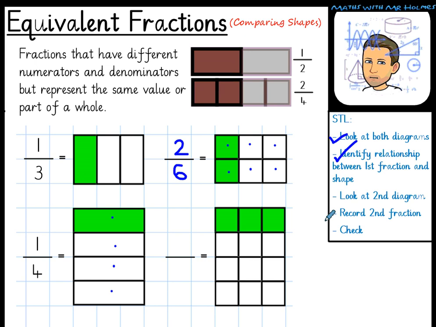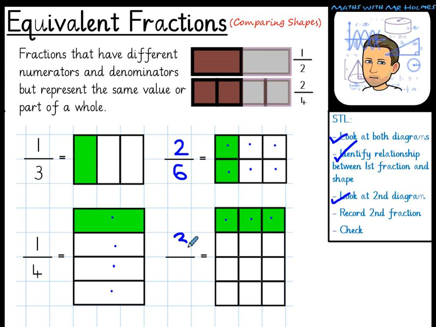We'll look at the second diagram and we can see the same amount is shaded overall, and the total of the shape is the same size. Let's record the second fraction. 1, 2, 3 parts are shaded.